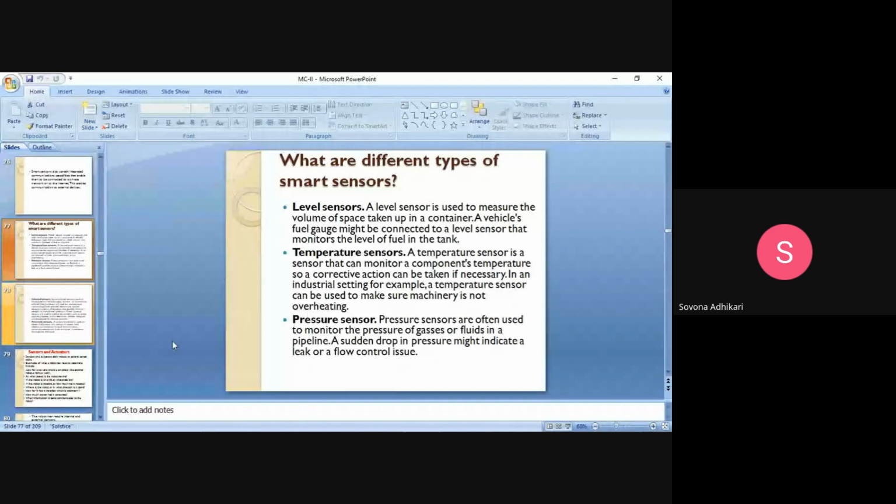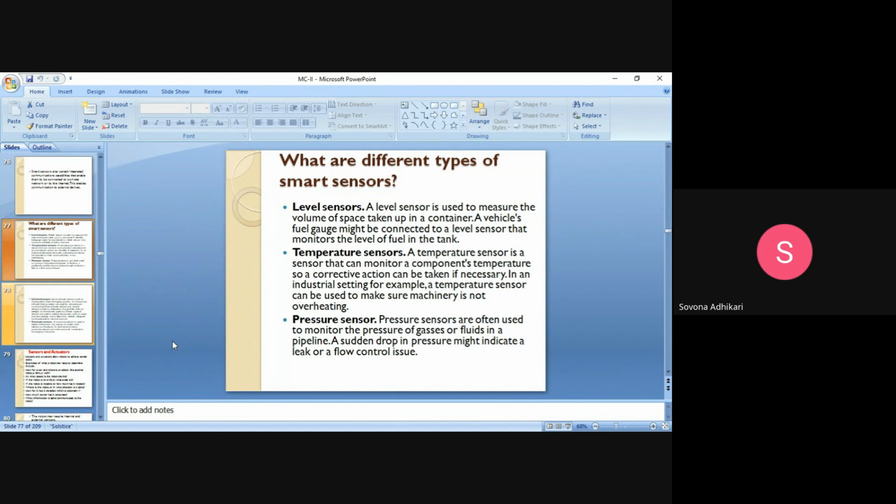If the temperature reaches a fixed point, the temperature sensor senses it and informs the person in charge that the machine is overheated, so that they can take the necessary step. So it is used to protect the machine from overheating.